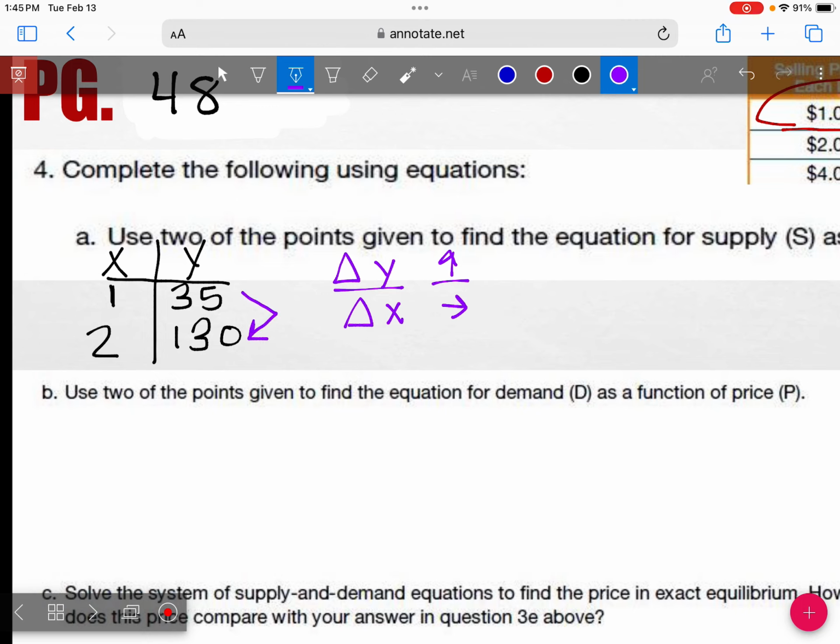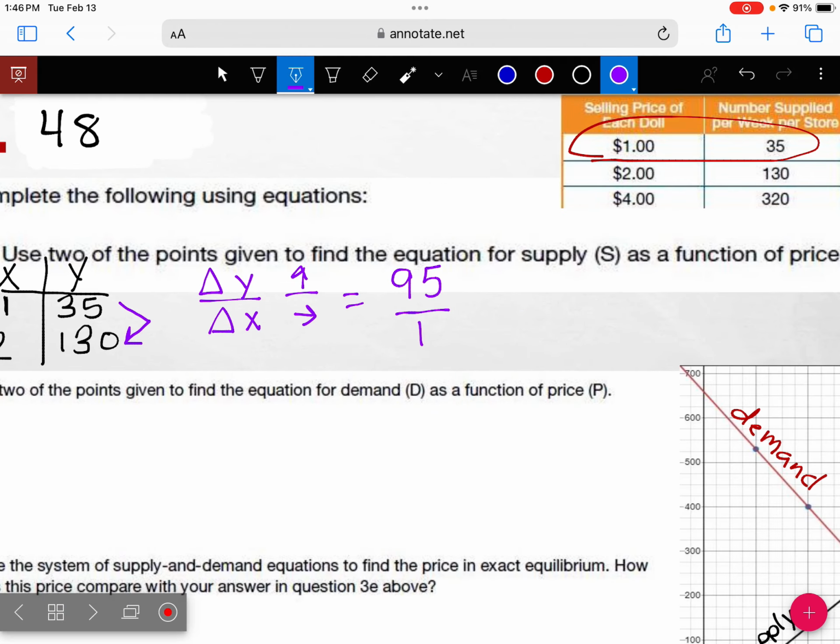How did we go from 35 to 130? Not 105, super close though. 95. It went up 95. So my Y's went up 95. How much did my X's go up? 1. So it's 95. So our slope, this is just our M, is 95.